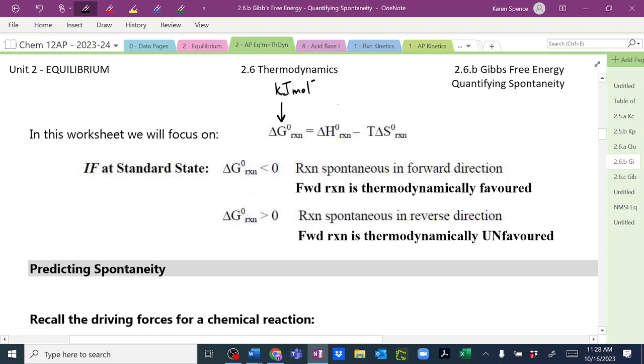Delta H is usually given in kilojoules per mole. And delta S is usually given in joules per mole Kelvin. So these are the given units.